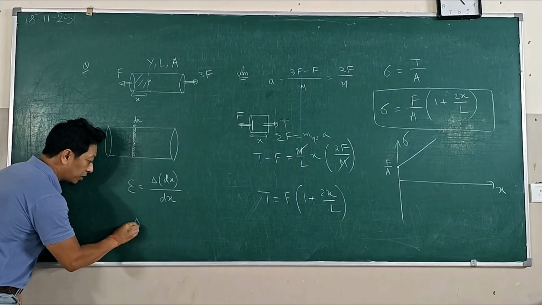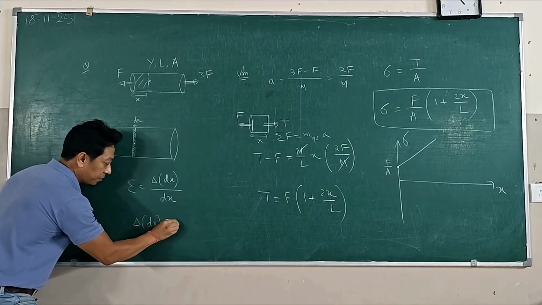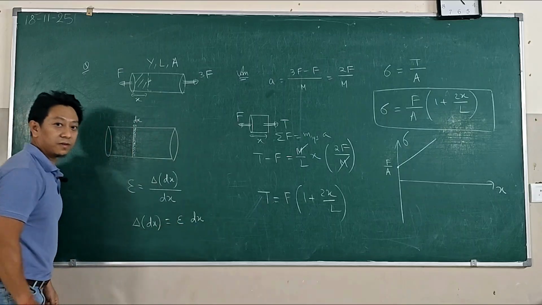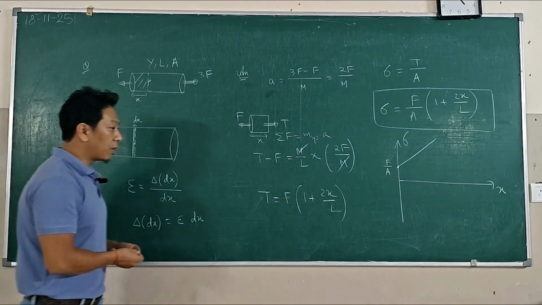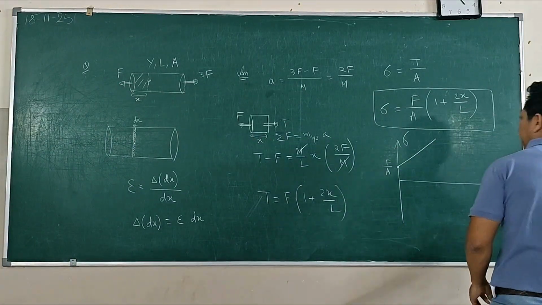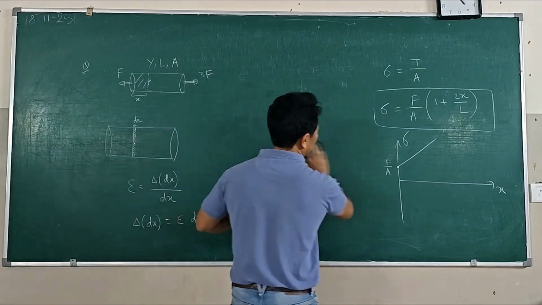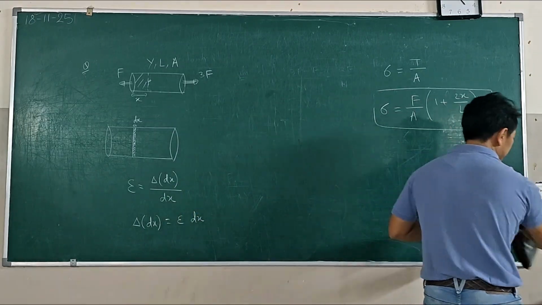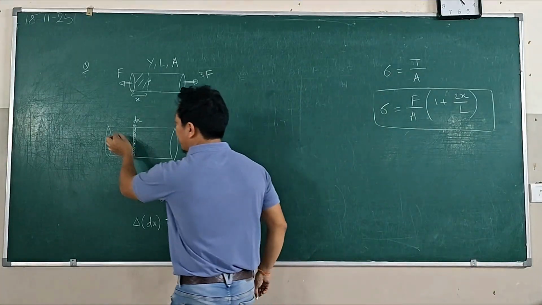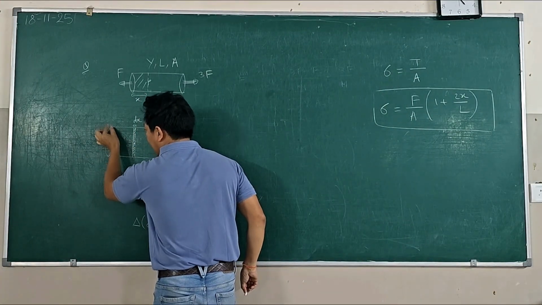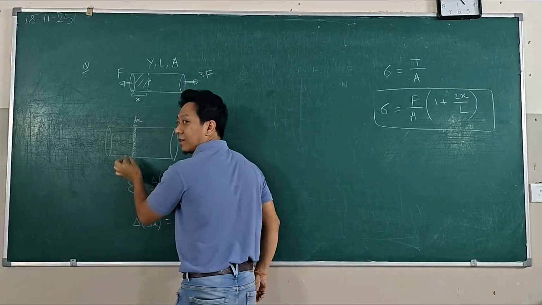So how will you calculate the change in length of this small piece? Strain into dx. And if you want to know the total change in length, what will you do? You will keep adding the changes in the length of all these pieces.